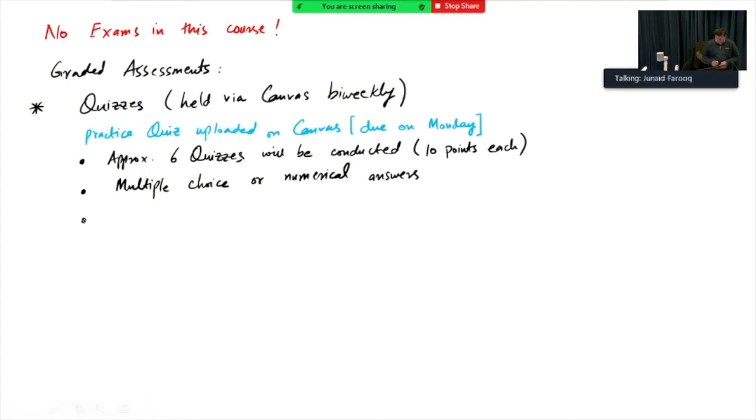And from all these 6 quizzes, at the end, one lowest graded quiz will be dropped. So if for some reason you end up doing poorly on a quiz or another assignment, there is this option that one of your lowest graded quizzes will be dropped at the end.